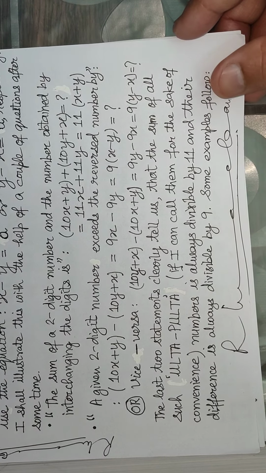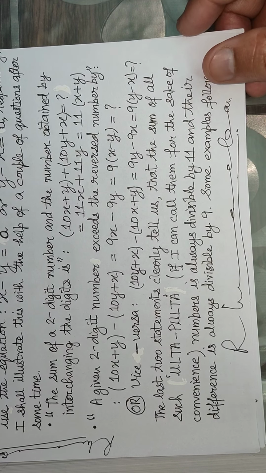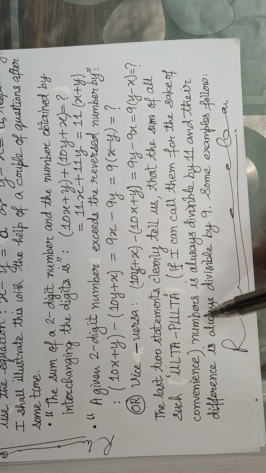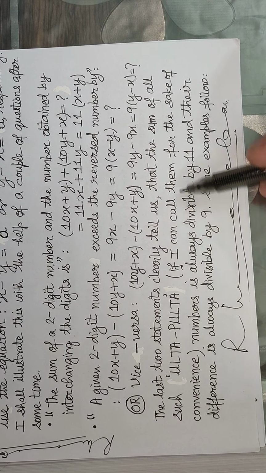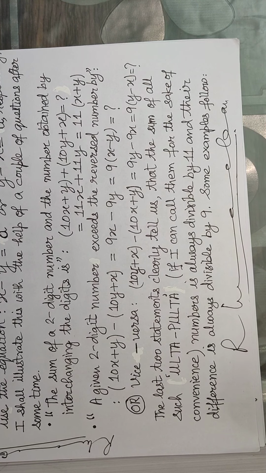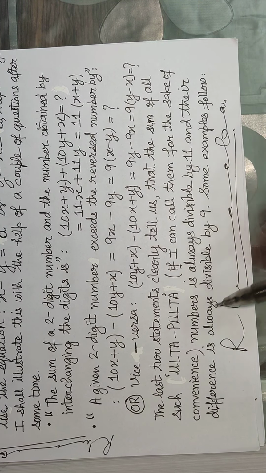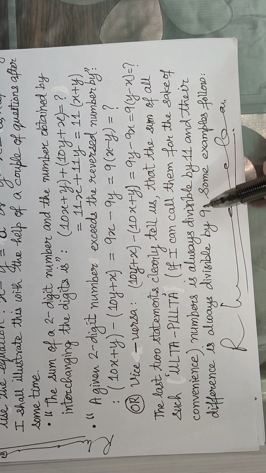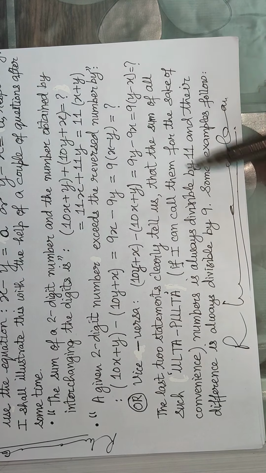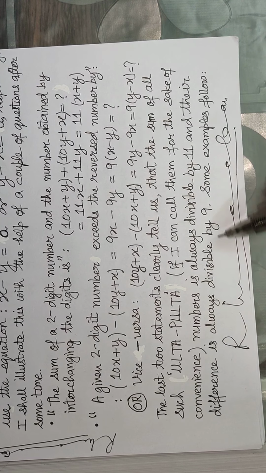The last two statements clearly tell us that the sum of all such ulta-pulta numbers, if I can call them that for the sake of convenience, is always divisible by 11 and their difference is always divisible by 9.